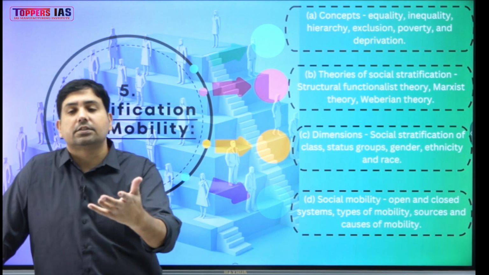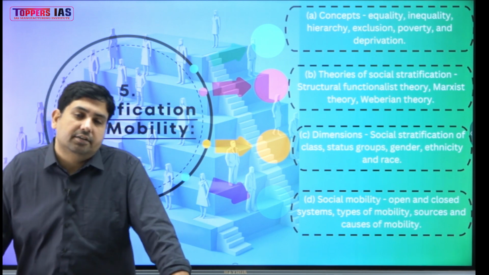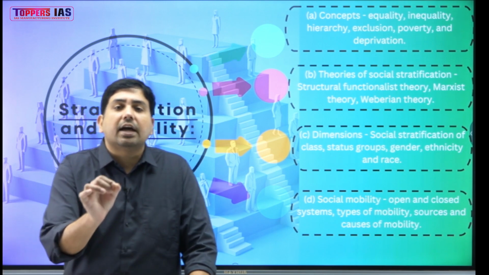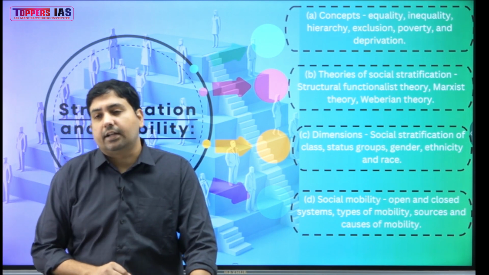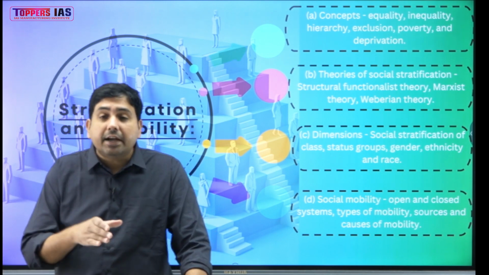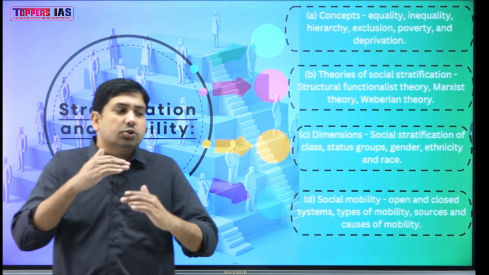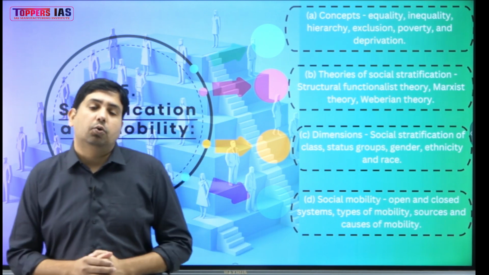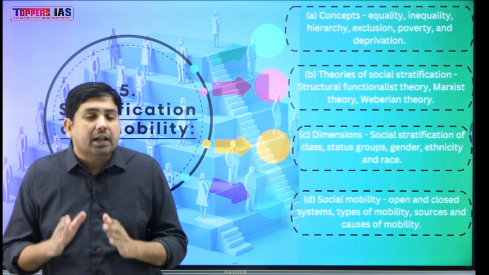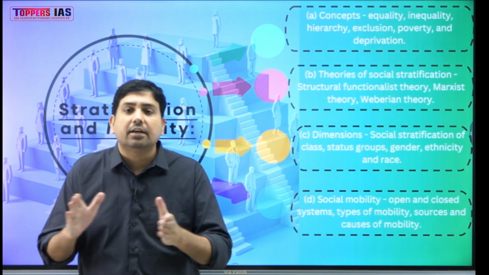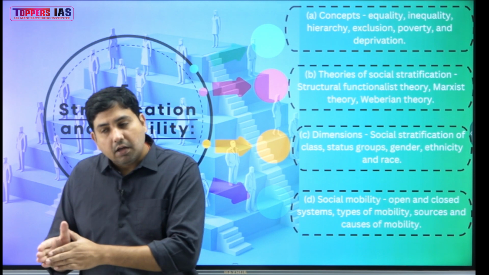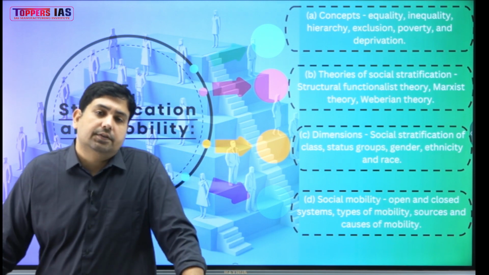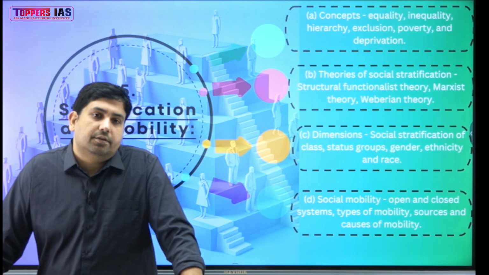Now what is the meaning of stratification? It's simple, in one word you can say hierarchy. In society there are groups placed one above the other in a hierarchical way. So there are rich, there are poor, some are powerful, others are powerless, like that.